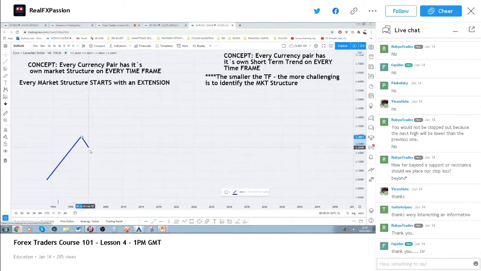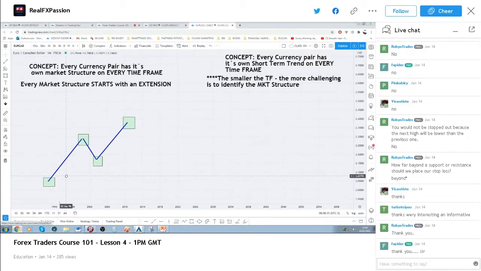Then we are going to have a retracement, and then we are going to have another extension. So this is what is called an up market structure. Okay, we have a structural low, then we have a structural high, we have a structural low, and then we have another structural high.